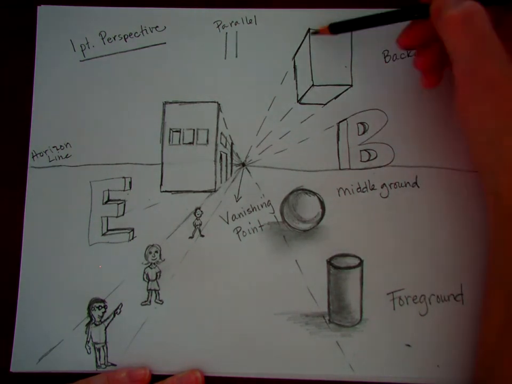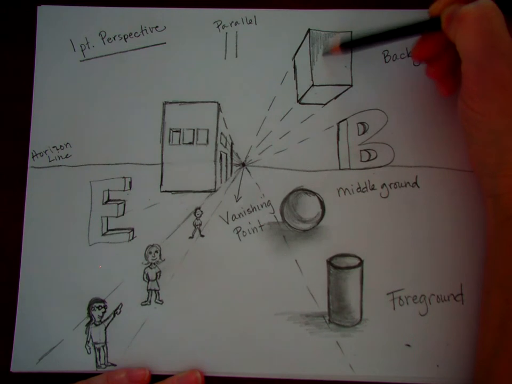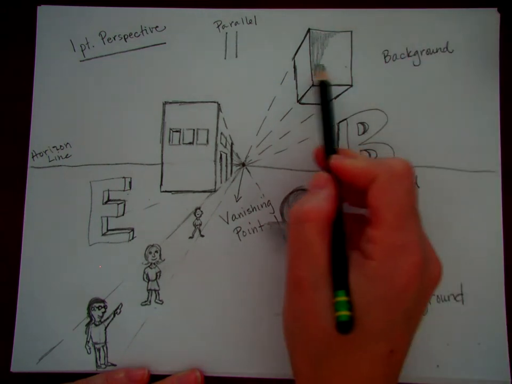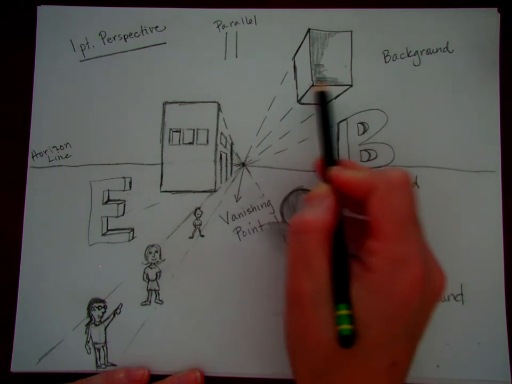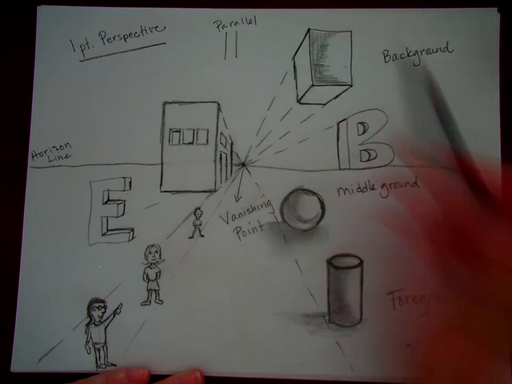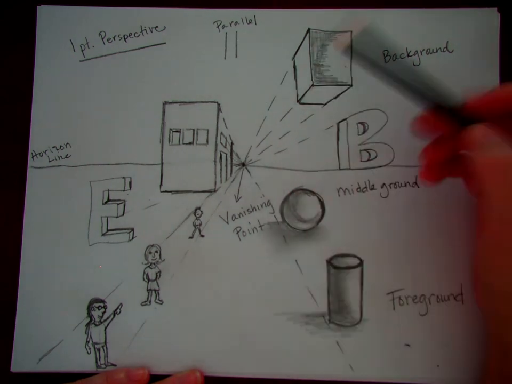Light on this side, so it's going to be dark on the edges here. And typically I tell you to shade only in one direction, but since this drawing is so small, it's kind of difficult to keep the picture in the picture frame and show you shading at the same time.